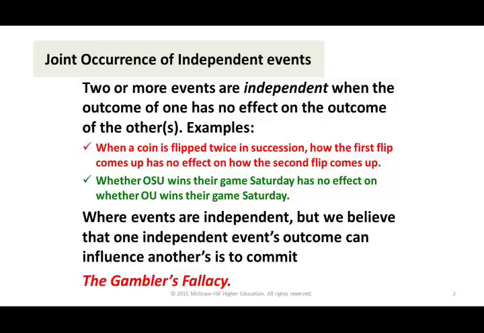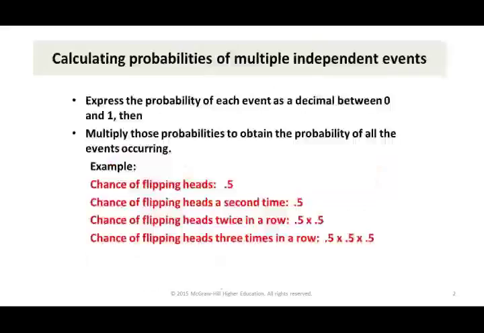They are independent events, and when we fail to treat them as independent events, that's when we commit the gambler's fallacy. Now, how do we calculate the probability of multiple independent events?